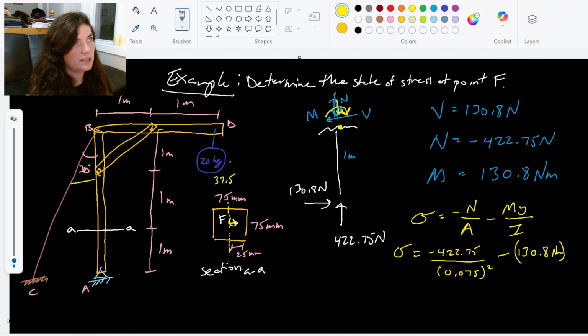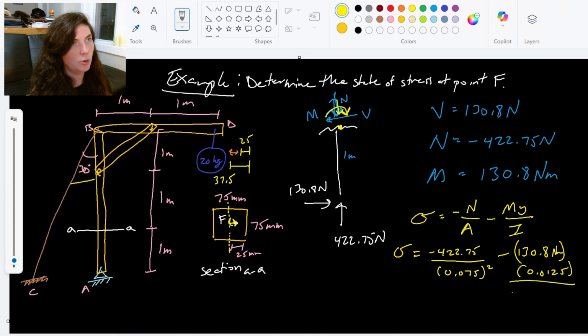But we know it's 37.5 to the edge, but 25 to point F. So to get this distance here, I just need to subtract these two. 37.5 minus 25 gives me 12.5. That's millimeters. Let's convert that over to meters. So times 0.0125.